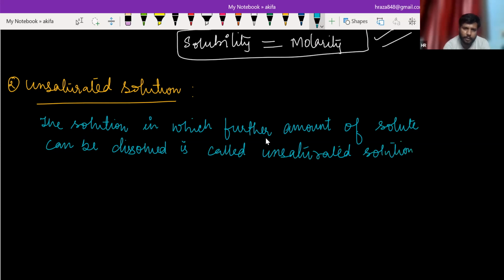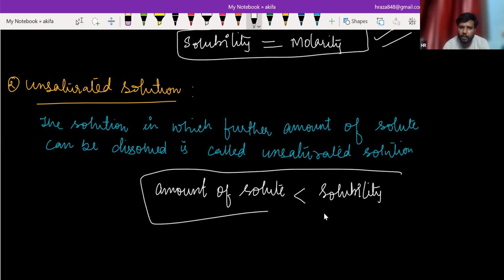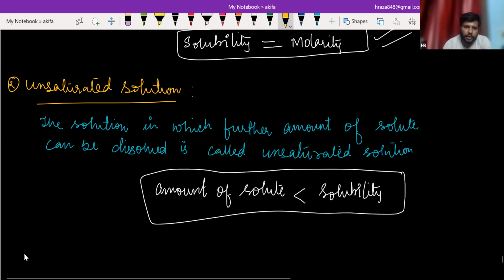And here the amount of solute is less than the solubility. Solubility here is greater than the amount of solute, where more solute can be added. That type of solution is called unsaturated solution.